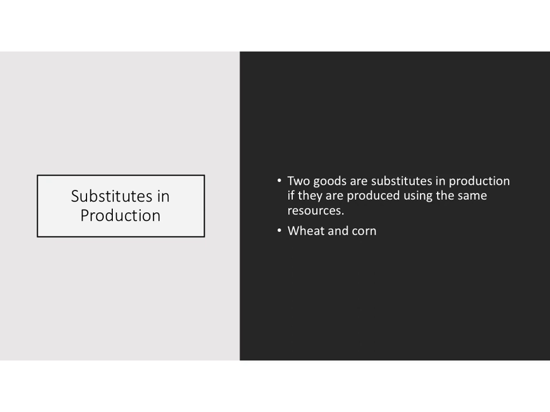So if the price of wheat rises, we would expect to see an increase in the quantity of wheat supplied. Wheat becomes more profitable. Farmers produce more wheat. More resources are being devoted to wheat production. This in turn will mean that fewer resources are being used in corn production.